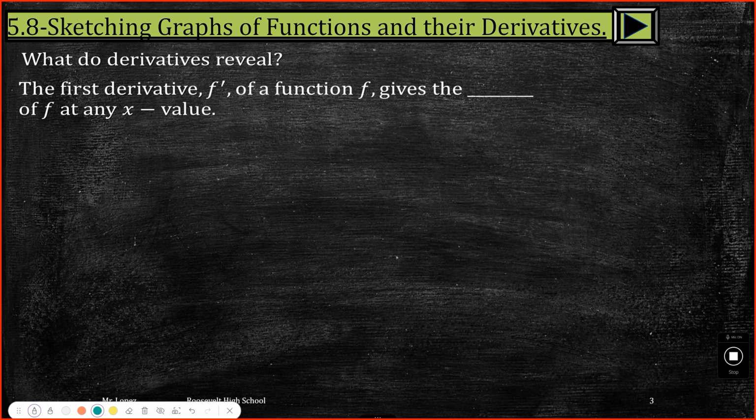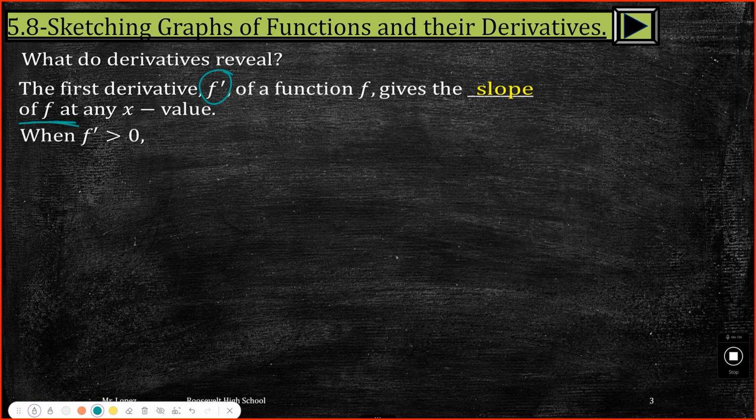The first derivative of a function f gives the what of f at any x value? f prime gives the slope, the rate of change of f, and the rate of change is slope.